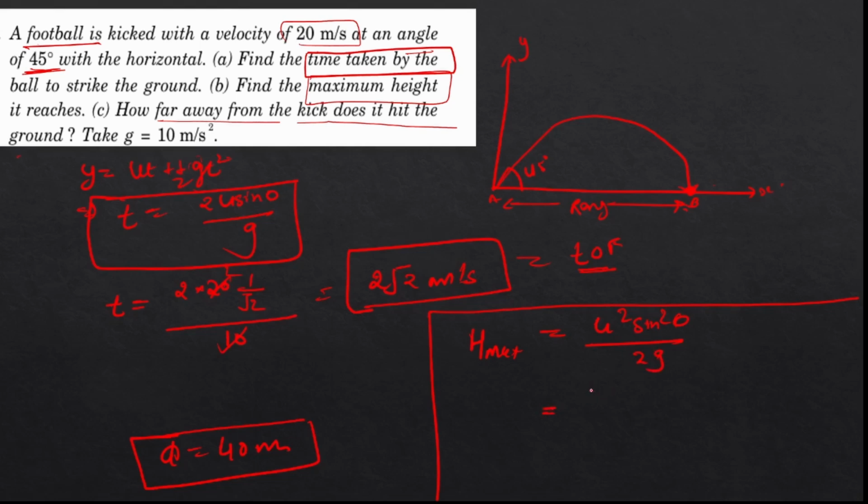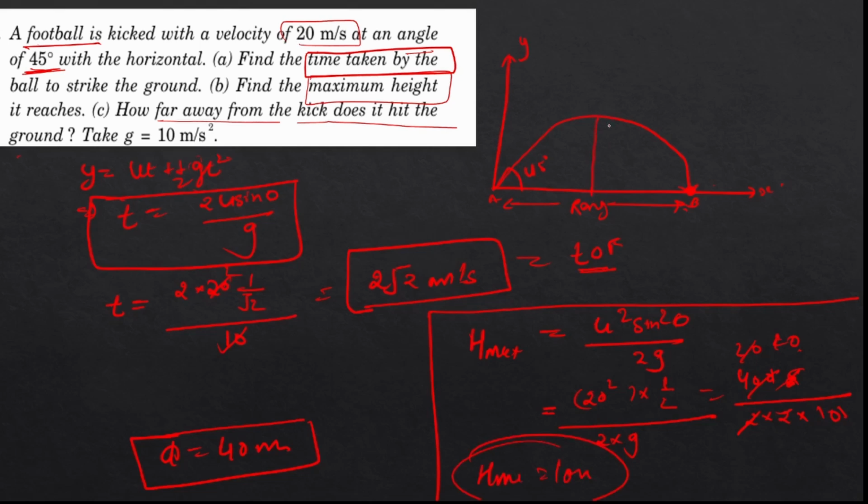We will have 20 square into sine 45 degree square, meaning 1 upon 2, divided by 2g, which is 2 into 10, right? After solving this we will get the maximum height of 10 meter. The maximum height that this football will reach will be 10 meter, right? You can check this calculation.